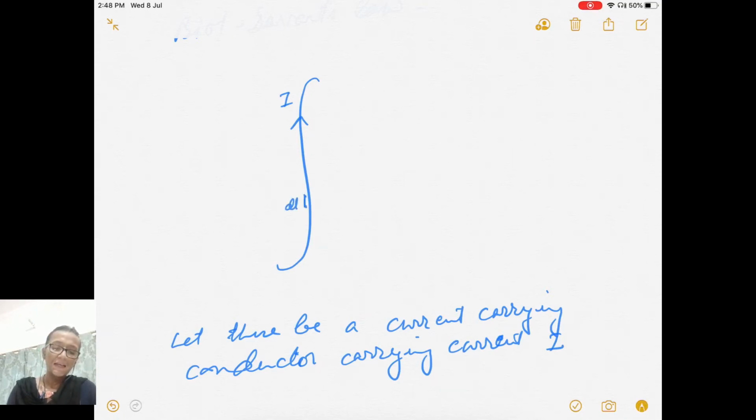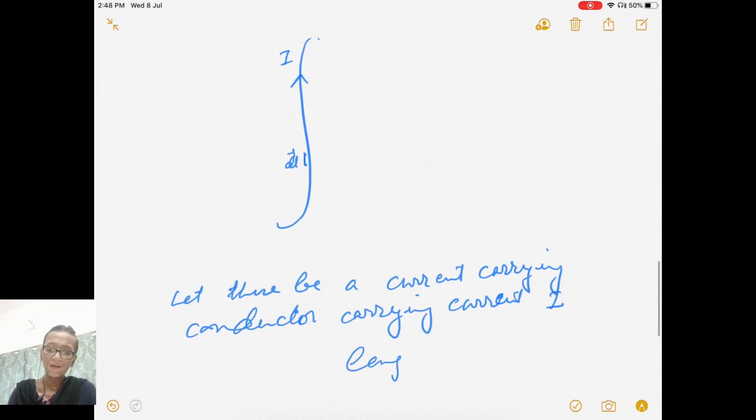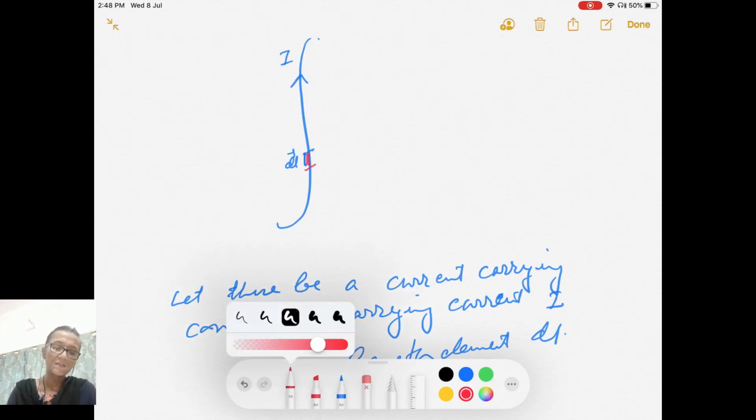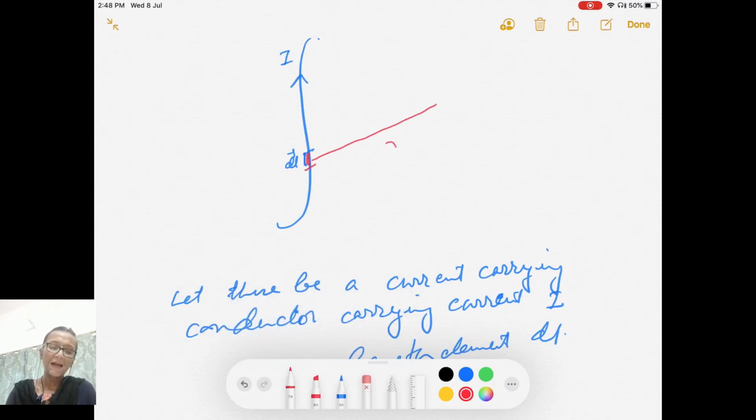Let there be a length element of length dl, dl vector, length element. And from this length element, at a distance r, at a point P, we have to find the magnetic field.